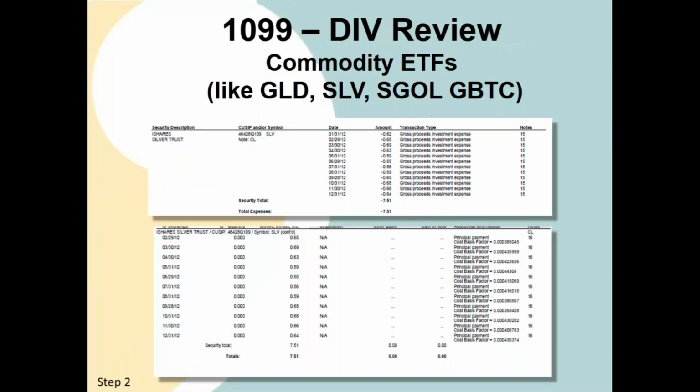However, if you find certain things on your 1099, you will have very complex issues to address. For example, if you own commodity ETFs such as SLV or GLD or Bitcoin trusts, these are actually investments in a commodity such as gold, silver, or Bitcoin, not in stock. Each month, some of the commodity, in this case silver, is sold to pay expenses.